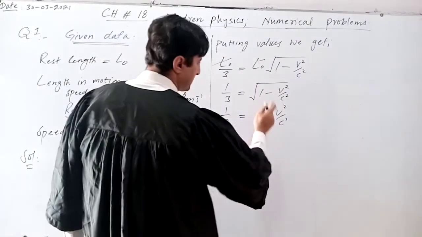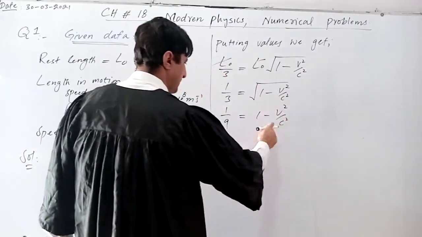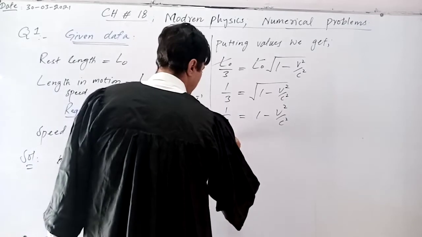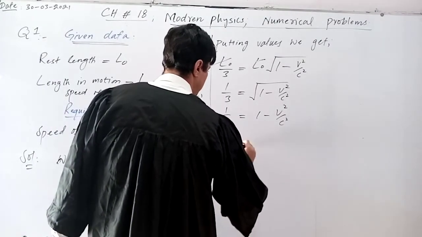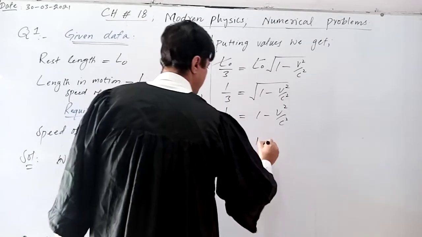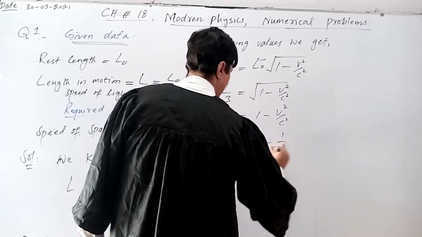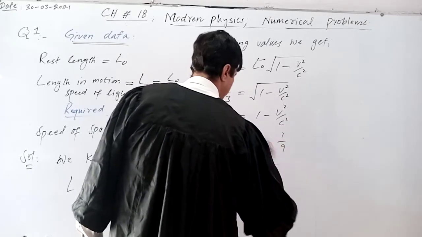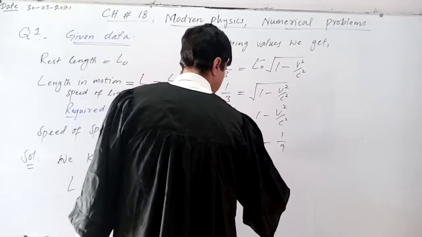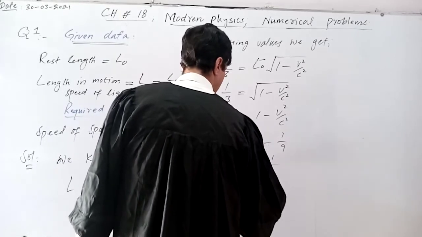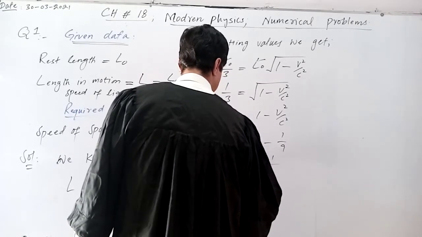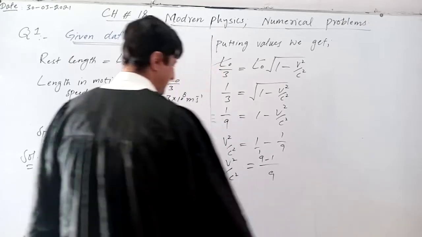If we shift the term v square by c square to the left hand side, we will get v square divided by c square equal to 1, and this 1 divided by 9 shifts to the right side. Taking LCM 9, we get 9 minus 1 divided by 9 equal to v square divided by c square.